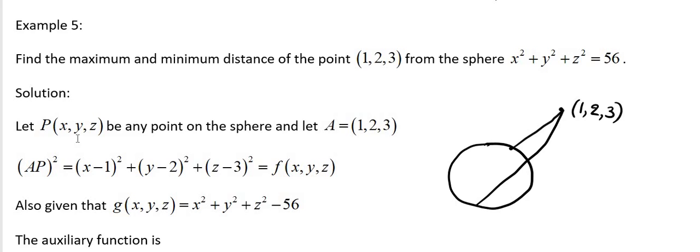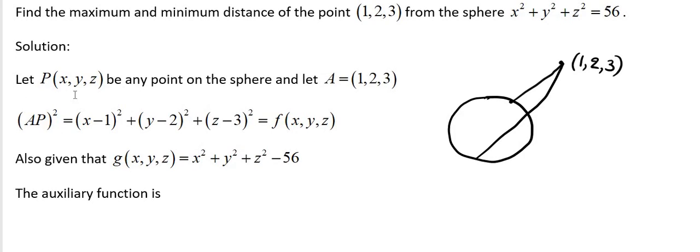Solution. Let P of x, y, z be any point on the sphere and let A equal to (1, 2, 3). So A is the point (1, 2, 3). P is a point on the sphere. Now I am going to find AP whole square.